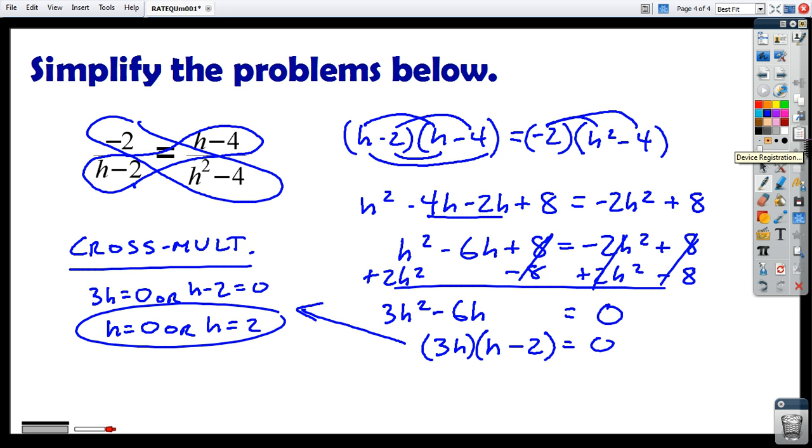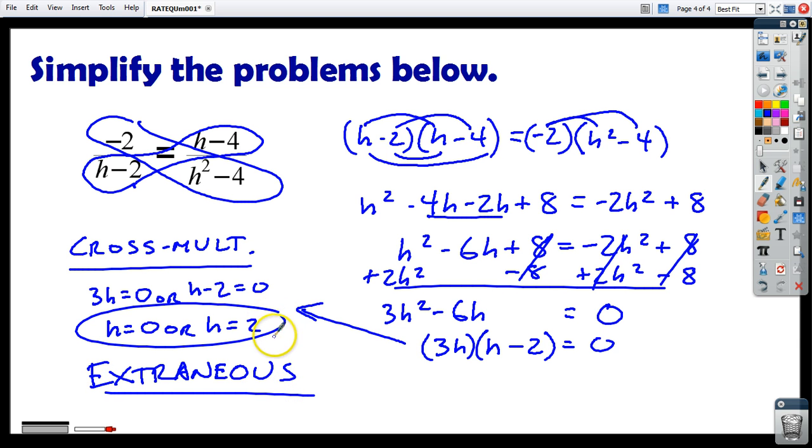And what an extraneous solution is, is this idea that even though we didn't do anything wrong, even though all the math worked out, one of these, or maybe both of these answers cannot be used. And it's all about going back to check your work.